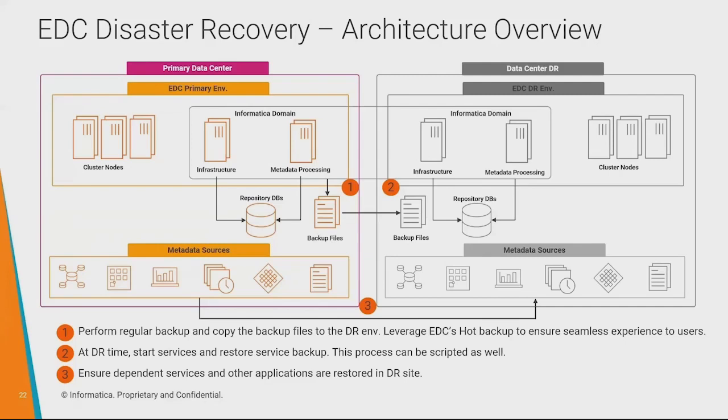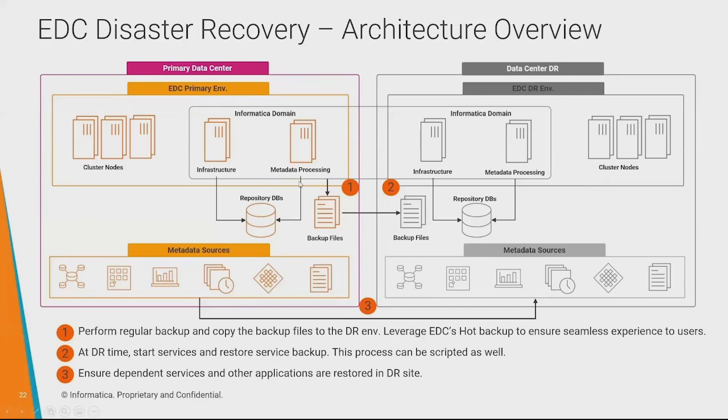And we have one EDC environment on the left side, which is the active one, and another EDC replica environment, which is on the right side, the non-active EDC environment. And if you notice, the infrastructure and metadata profiling node on each side are part of the same Informatica domain.